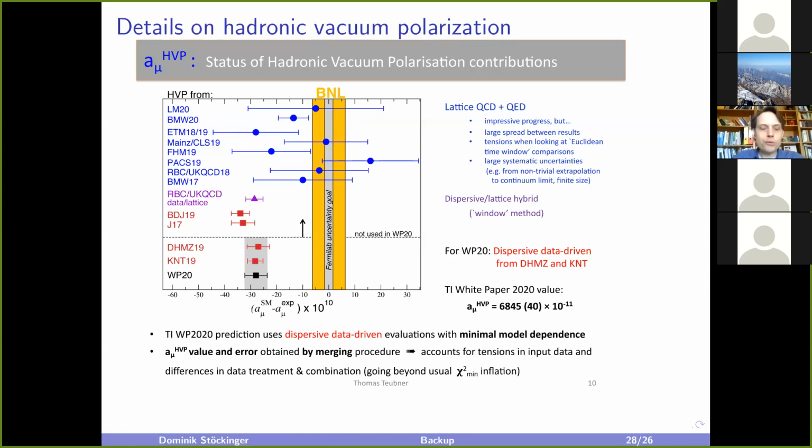So one really needs to scrutinize what the numbers mean and what the lattice ultimately comes up with. But of course, this is ongoing, and there will definitely be progress in the next 2 years on this. And then the lattice might or probably will become competitive also with the dispersion relation analysis.